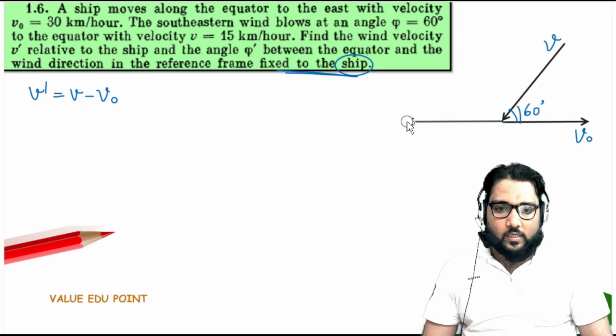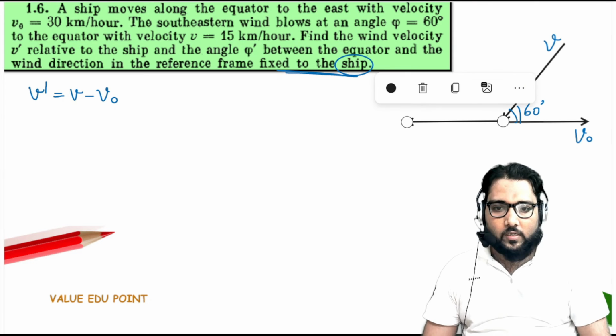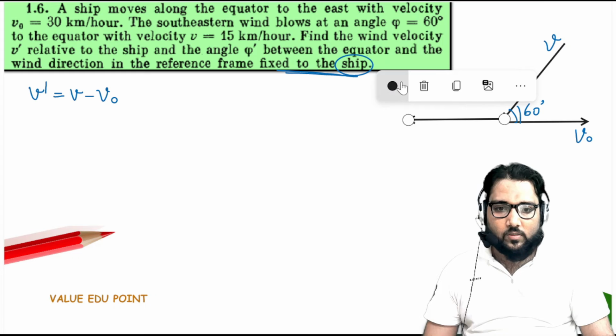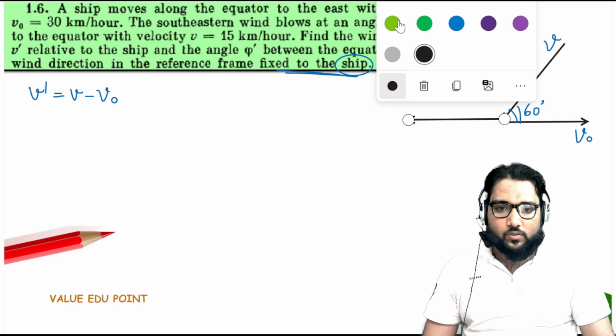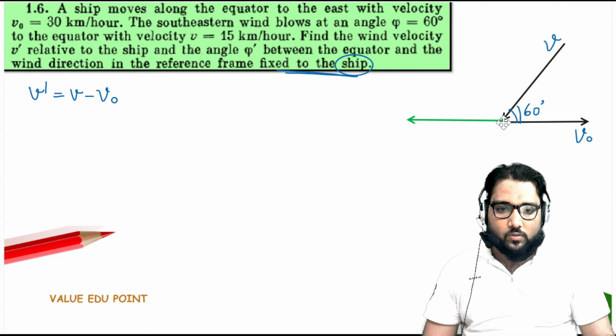Is it okay, guys? We can change the color so that you don't get confused with this arrow. This is not v naught. This is the minus v naught.